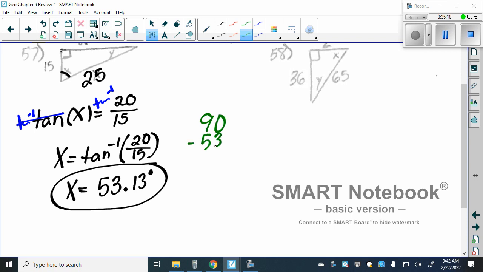Now the two acute angles in a triangle add up to be 90. All three angles add up to be 180. Well, we understood one is 90. 180 minus 90 gives us 90. So we just need to subtract these two here.